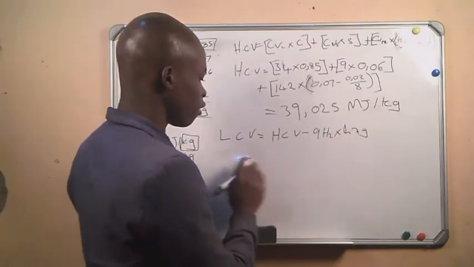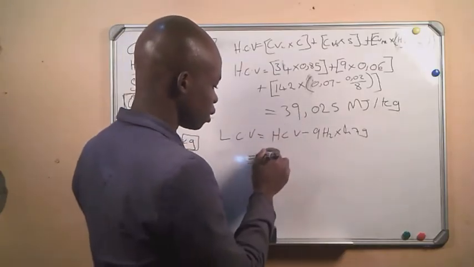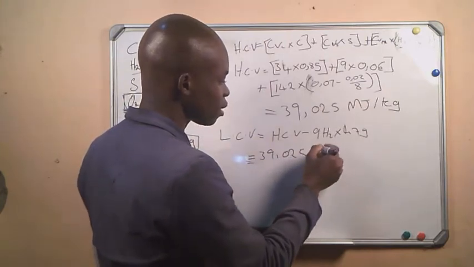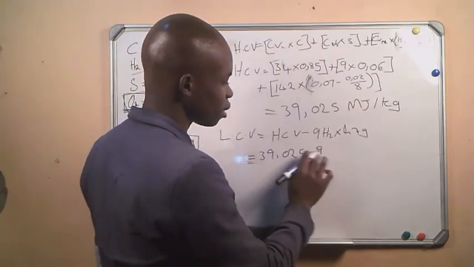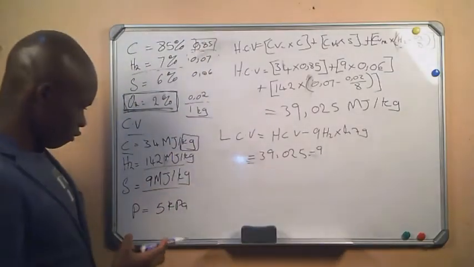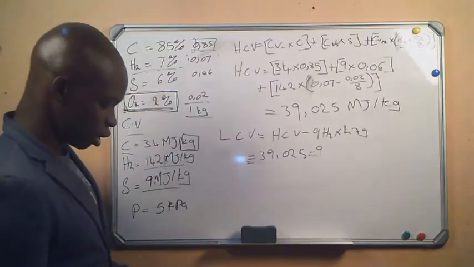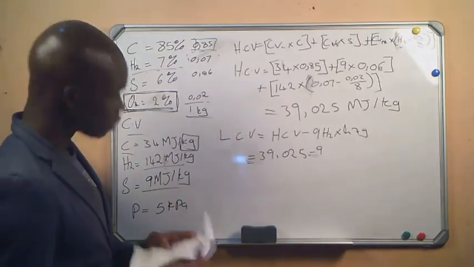So our high calorific value, we will be using this one, 39.025 minus 9, and then the value of the hydrogen in the system is 7%.